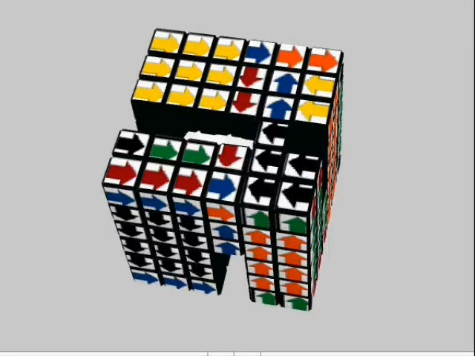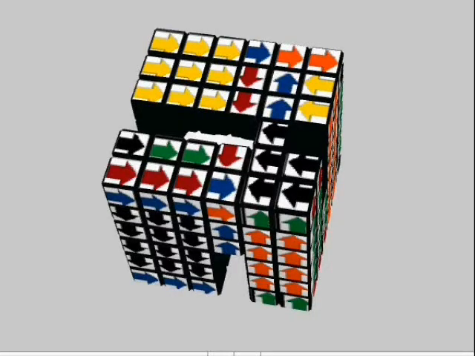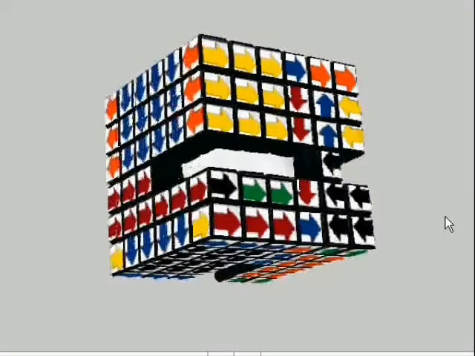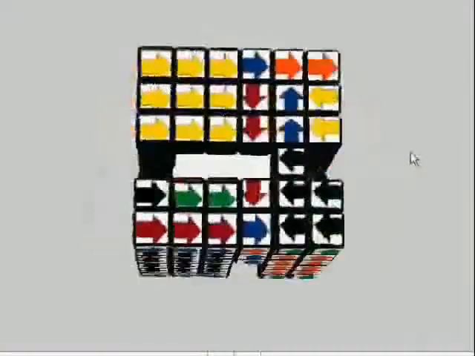That piece right there. So now the restriction goes down to this, that we can affect all of the pieces on the cube except for the ones that are missing.